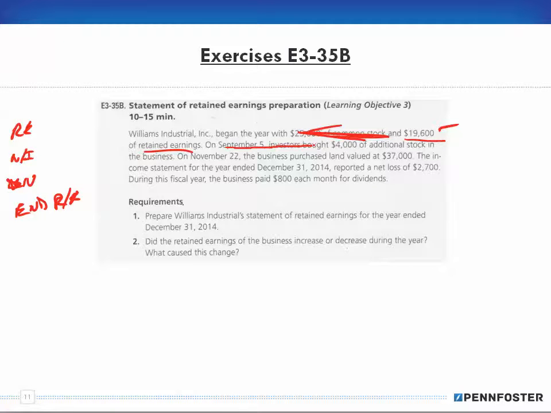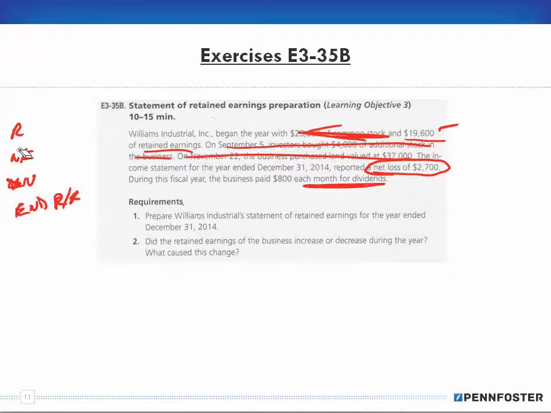Buying $4,000 in additional stock on September 5th has nothing to do with being able to calculate our retained earnings. Purchasing of land for $37,000 has nothing to do with creating the retained earnings. But having the profit or loss of $2,700, yes, that has to do with the retained earnings, and the dividends have to do with retained earnings.